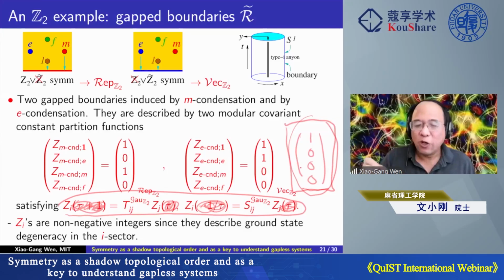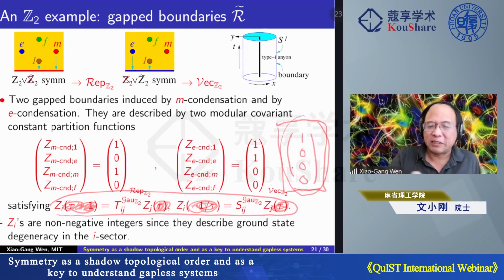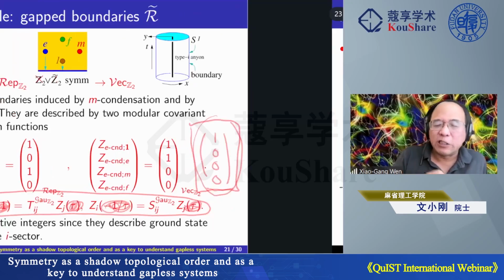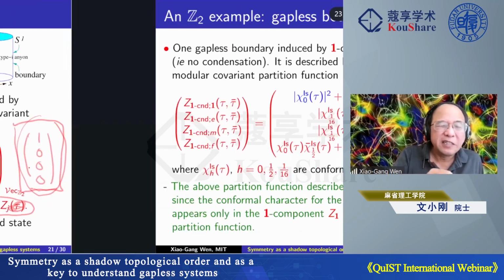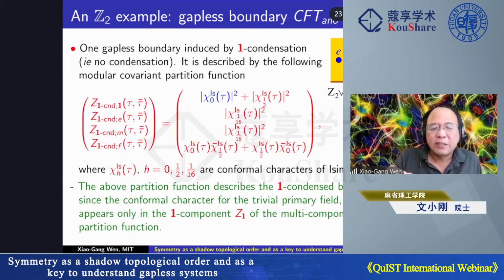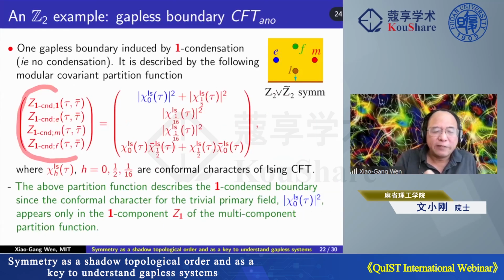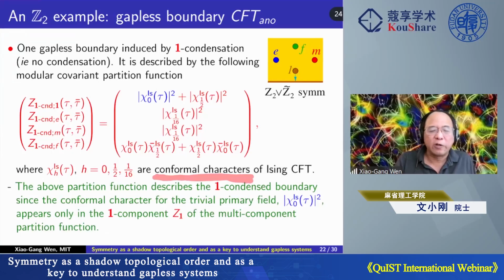Therefore, to obtain a partition function which does not have any condensation, we have to add tau dependence. Indeed, when we have a tau dependence, we have this modular covariant partition function. This tau dependent partition function is constructed using so-called conformal characters, the conformal characters of the Ising CFT.